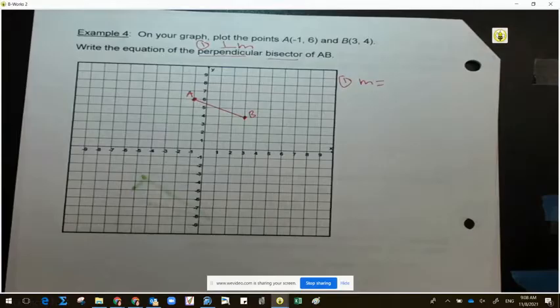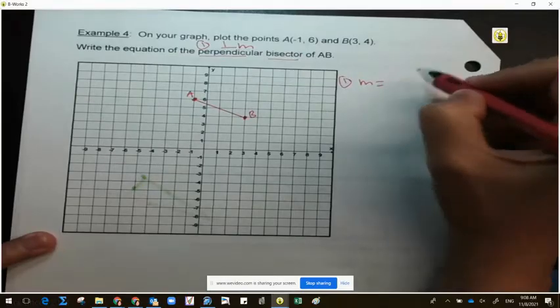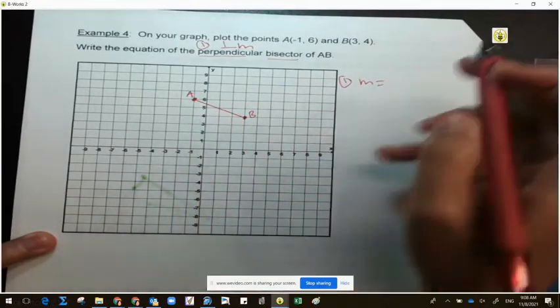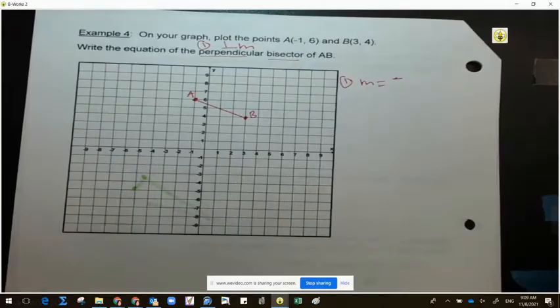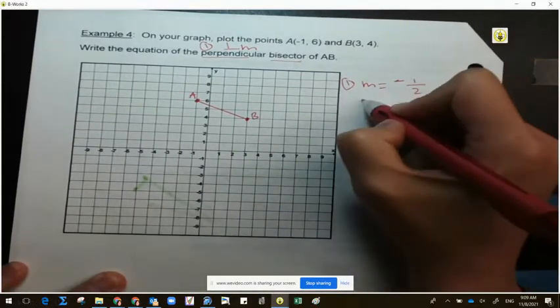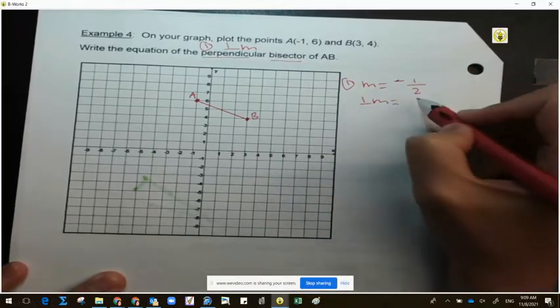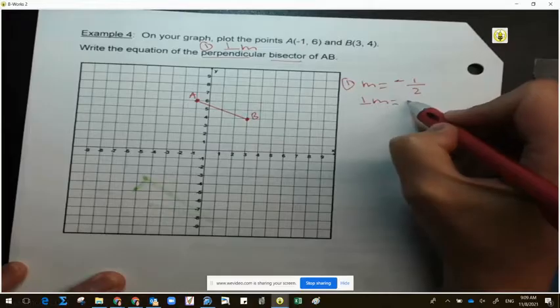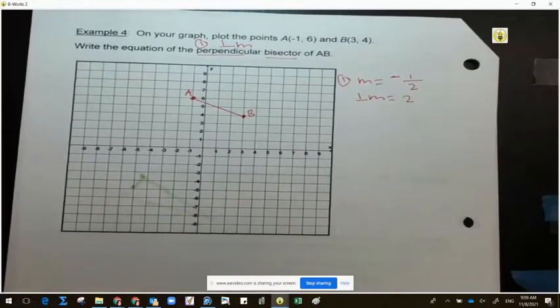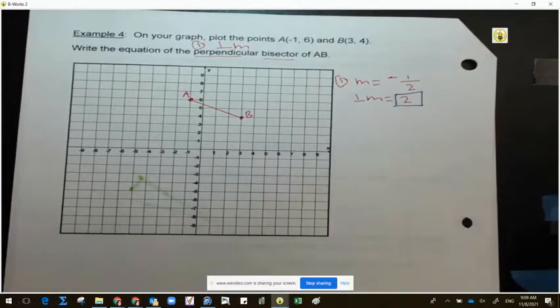Given a picture, can we do rise over run instead of using delta y over delta x? Yep. So just by looking at this, I know it is going to be negative. And what is the specific slope? -1/2. And to make that perpendicular, I need to make that the opposite reciprocal, specifically just 2. And I'm going to box off that number to say this is what I need in the end.